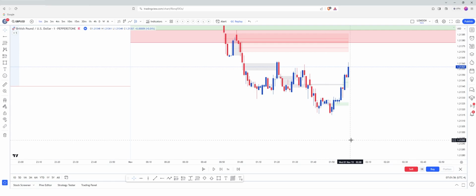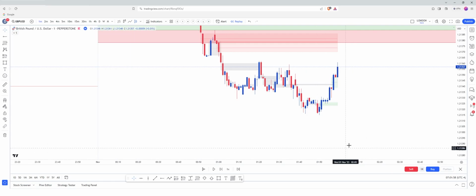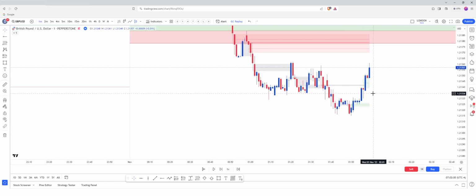We will be looking to see where that breaker block would be for a potential entry coming into 2 AM if we're going to take a long position. We can see we put in a high here, we've stuck a low in, put in another high, come down to a low.